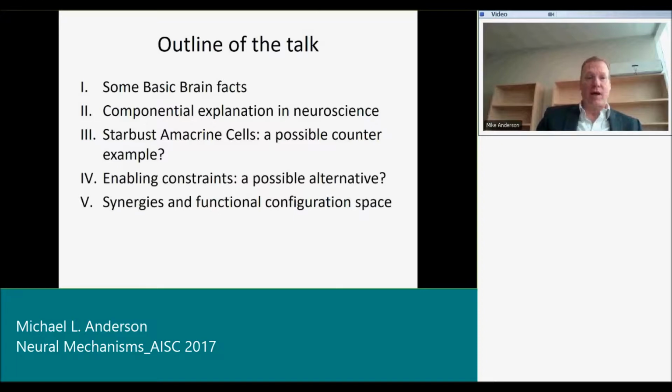And I'll argue, however, that much of the data that we're seeing suggests that that kind of mapping assumption might not be where we want to go in the neurosciences. So I'll propose very briefly that instead of componential explanation, we think in terms of constraints and what I'll call enabling constraints. And then I'll talk more in general about what some implications of that are.